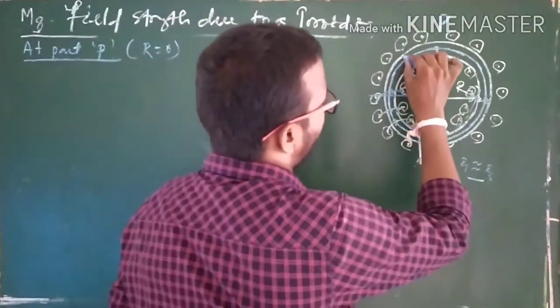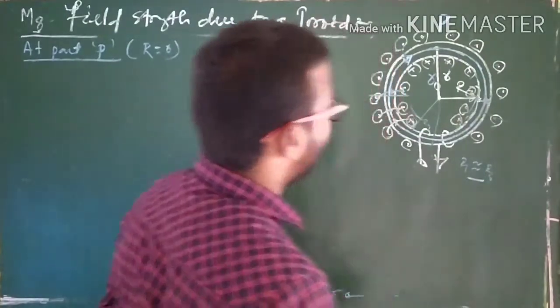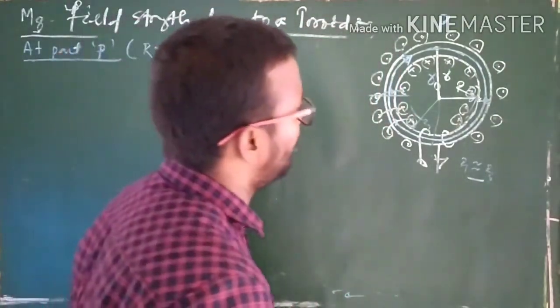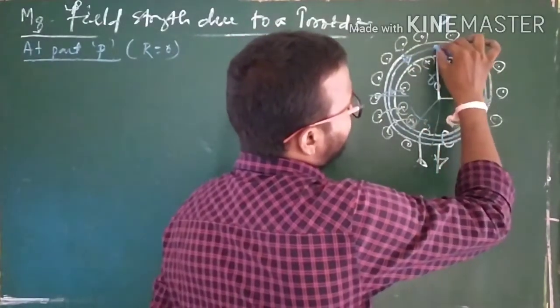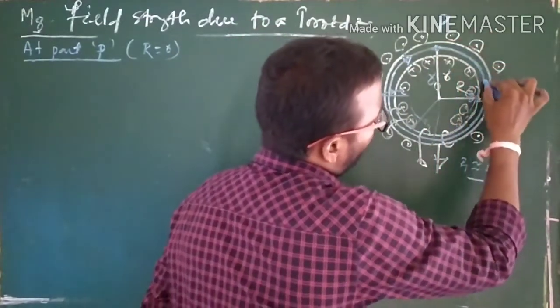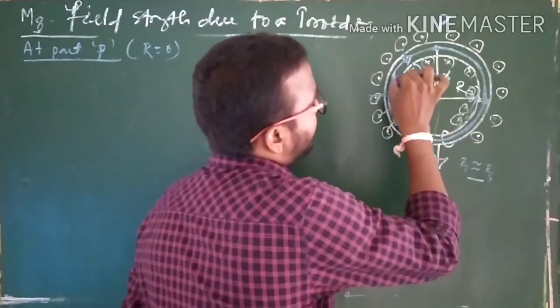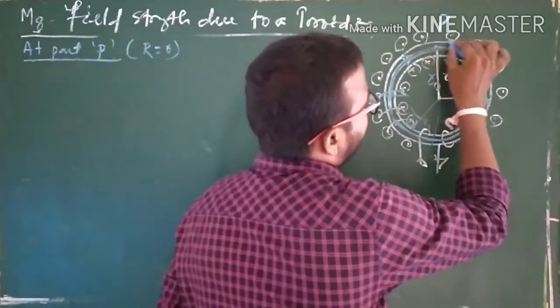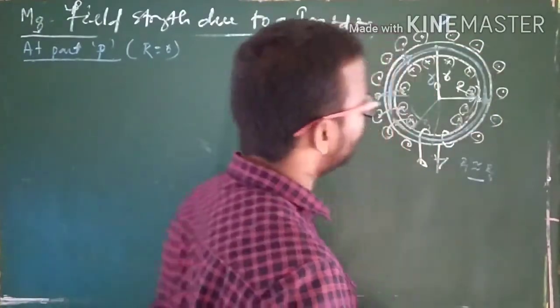And this is the direction of the magnetic field inside the toroid. Okay. Now we have to draw an Amperian loop, and this loop is passing through point P with radius r, and this is the direction of the Amperian loop, and this is also the direction of the magnetic field.